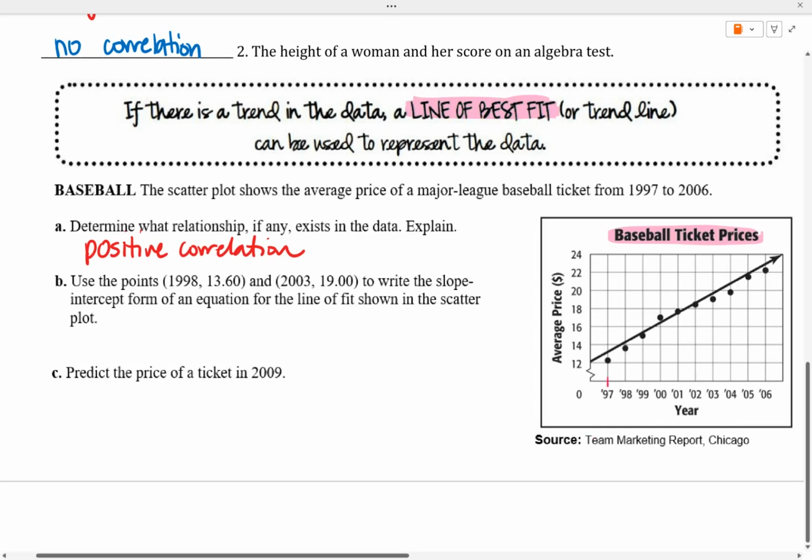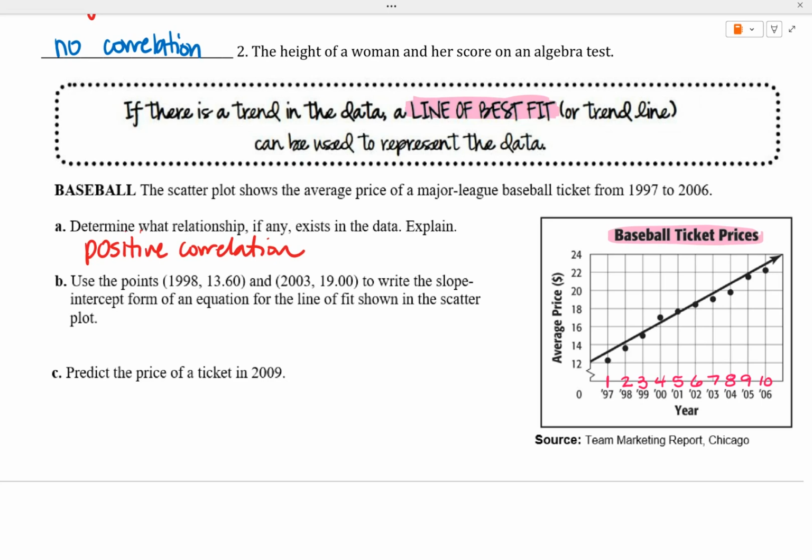So we're going to say that 1997 is year 1, 98 is year 2, 99 year 3, and so forth, going down the line. So each year we just add 1. So year 1, 1997, year 2, 1998, and so on and so forth.